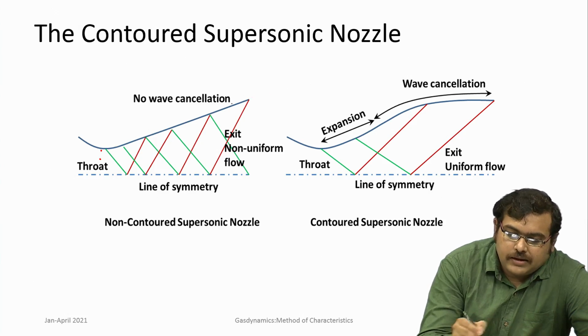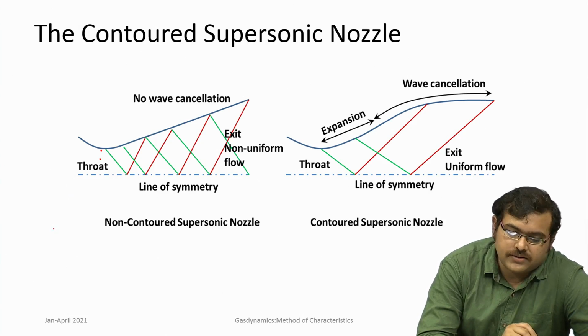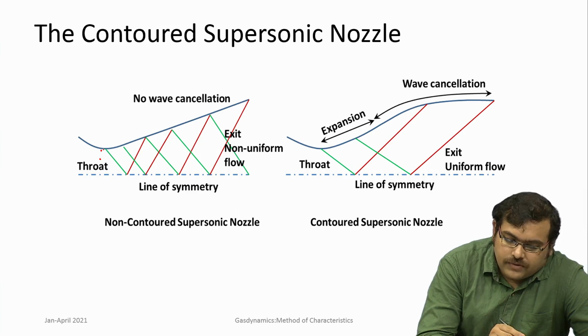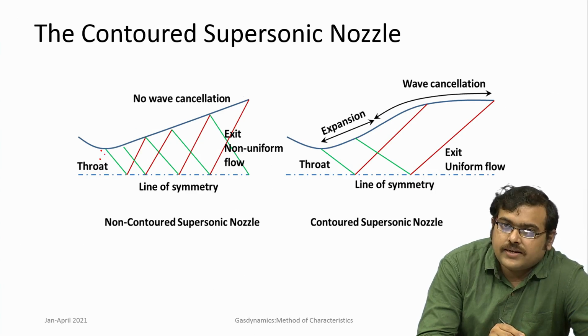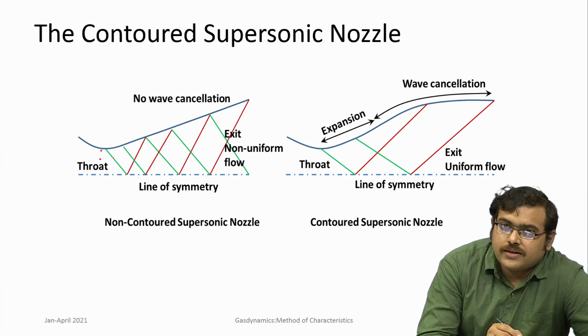Now, if you take any arbitrary divergent passage, initially you get expansions. Okay. So, expansions produce a set of Mach waves.